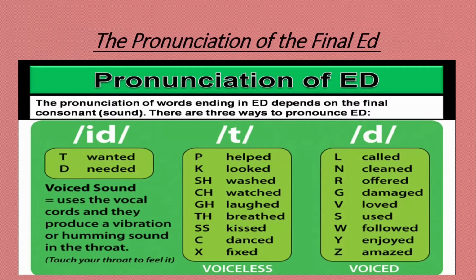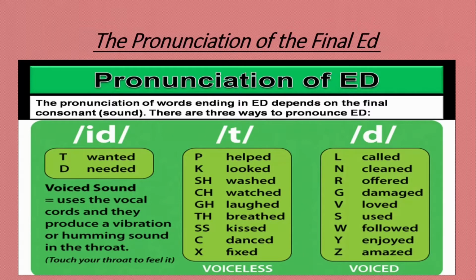Voiceless means when we produce the consonant, the vocal cords do not vibrate. They do not move. You can feel it if you put the tip of your thumb on your throat when producing the sound, like p, that is the letter P.